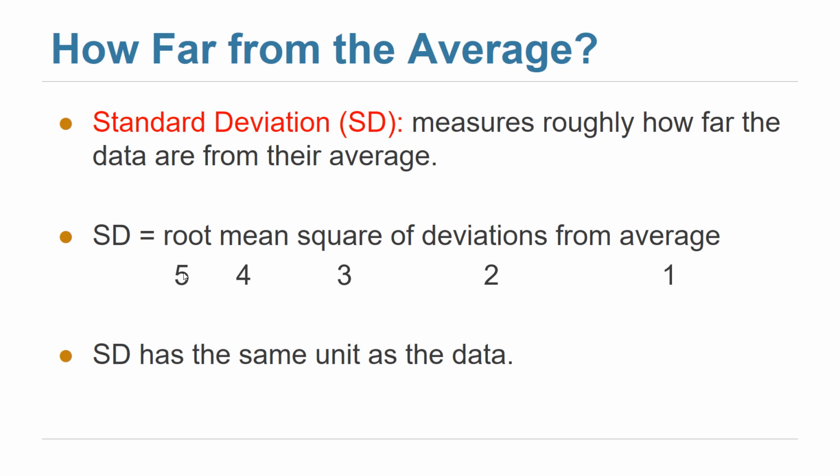As we said, the standard deviation, after taking the square root, will have the same unit as the data. Now, why do we use standard deviation to measure how variable the values are in the collection or in the array? There are two reasons.